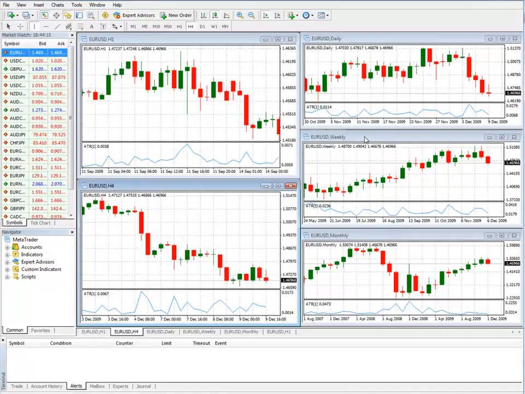So what we've covered is setting up our MetaTrader software, first downloading and installing. We've covered the file menu, the insert menu, installing and activating indicators.